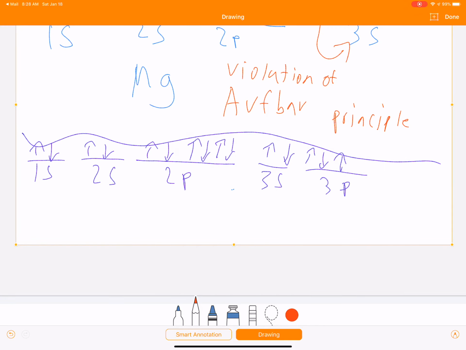Okay, so what you should see is that the p subshell can hold 6. And we've already doubly occupied this first level of the p subshell before singly occupying the whole subshell. So it should look like that, and then we double up. And that's a violation of Hund's rule.